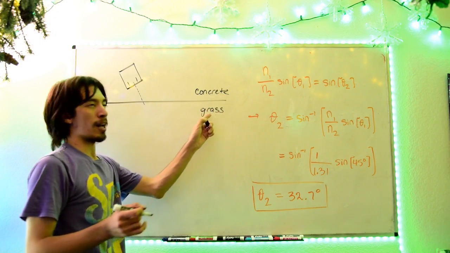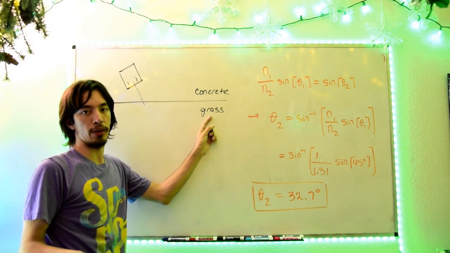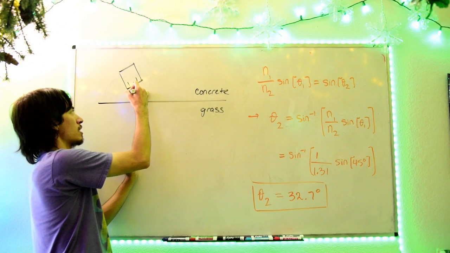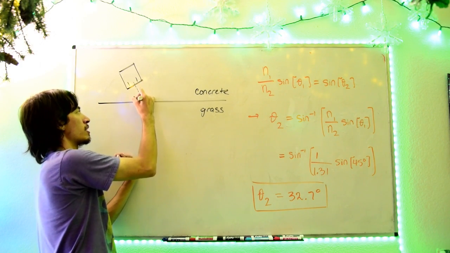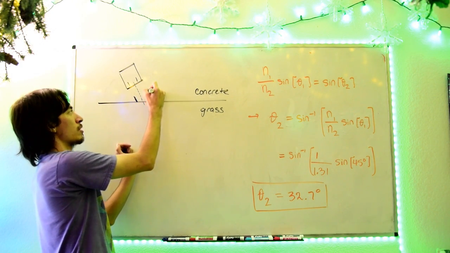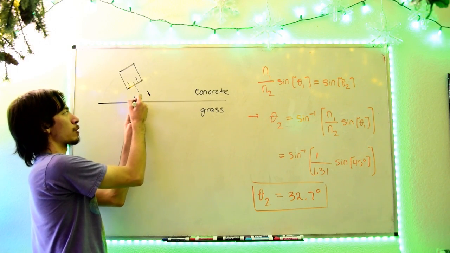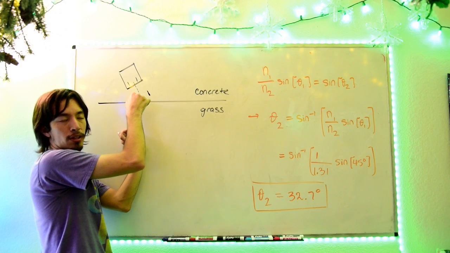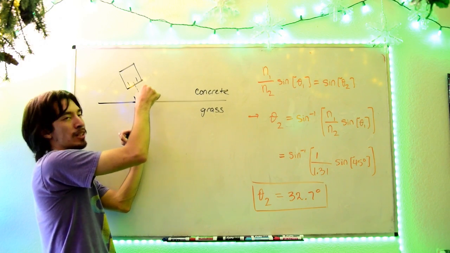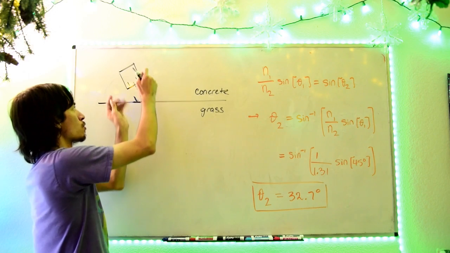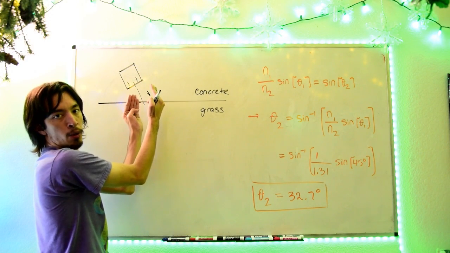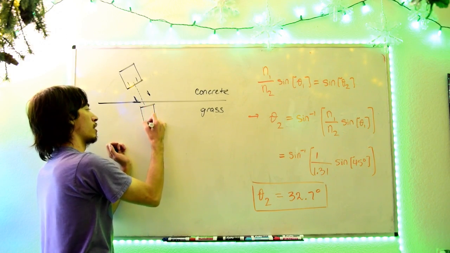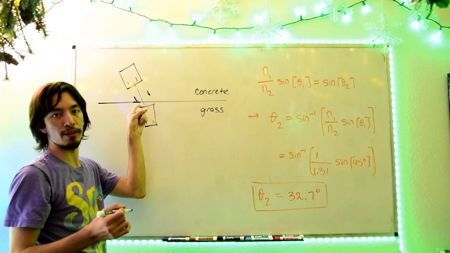Well, the grass tends to slow you down. So when the lawnmower reaches the grass, one of the front wheels reaches that boundary first. So it slows this wheel down, but this wheel keeps on going more distance, so it goes faster over here. So it rotates the lawnmower and it causes it to turn this way, simply because one end hits it first.